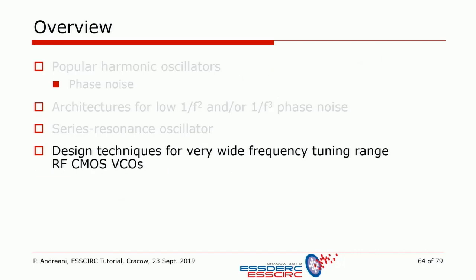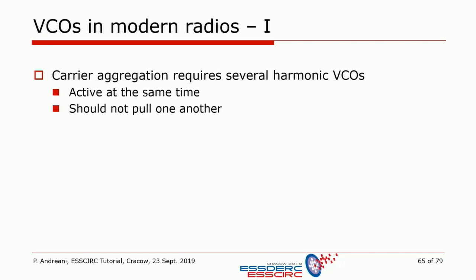something about the techniques to implement a very wide frequency tuning range for RF CMOS VCOs. So there are a couple of trends. Definitely, we need... So with the scatter aggregation, there's like all possible standards that we would like to address at the same time.